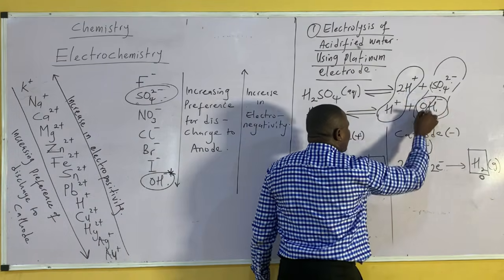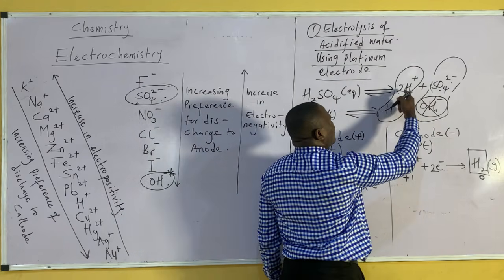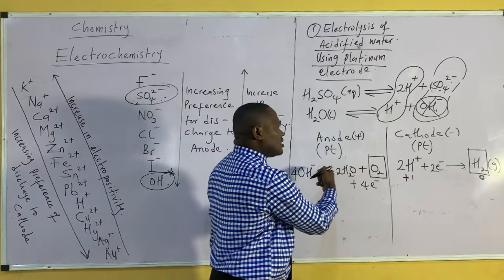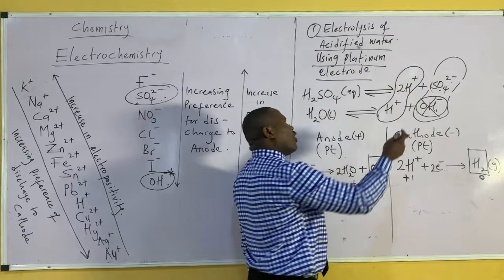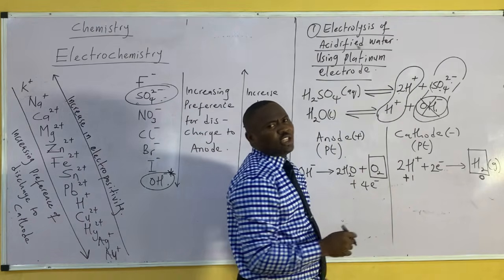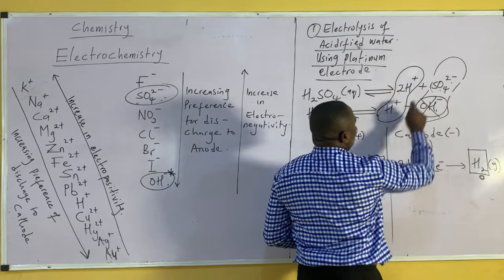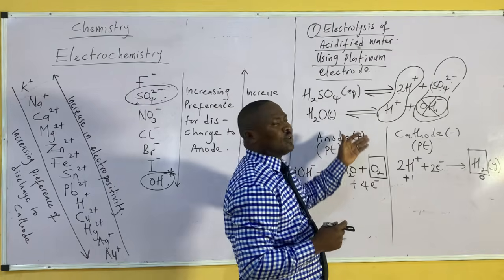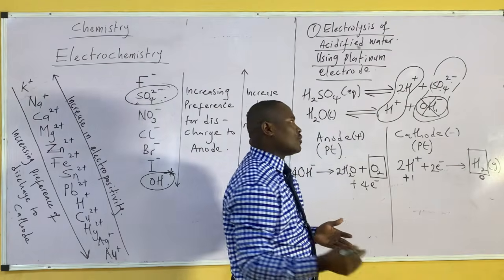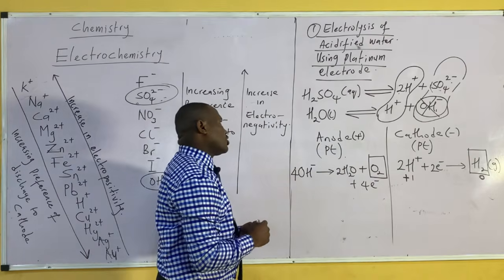When this leaves to the cathode, and you have some hydrogen migrating to the anode, what will be the nature of this electrolyte? The nature of the electrolyte is that this will now remain in the solution, making it more acidic. So the nature of the electrolyte will still be acidic because of the presence of SO4 2- in the solution.